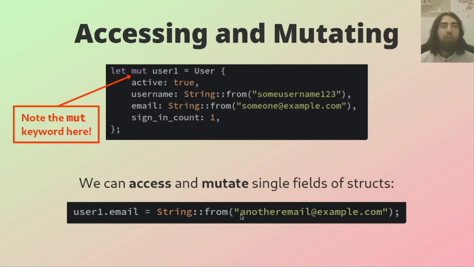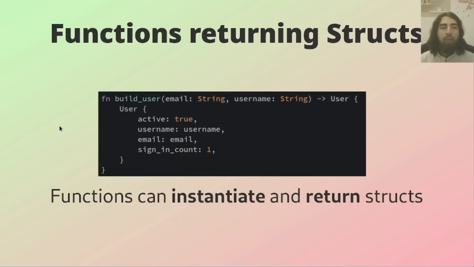As you can see, we do that exactly like we would mutate a variable, just assigning it a new value. Now, to mutate, you have to make it explicitly mutable, meaning you use the mut keyword here like you did with variables. And functions can also create instances and return it.